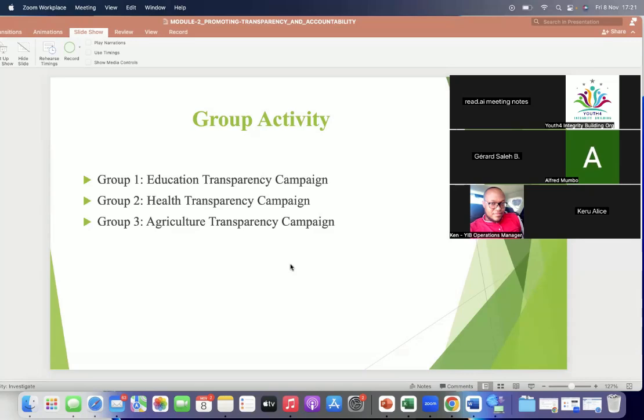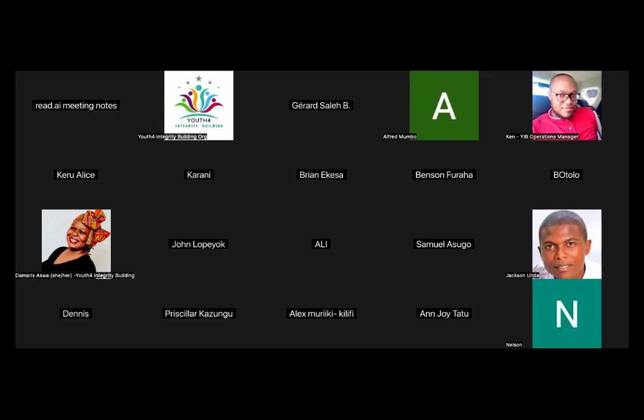So everyone should be well prepared for this activity. We need people to get ready for this. Try to share the group activity by WhatsApp, and fellows will read it from there. Yes, I've shared it as well. Perfect.